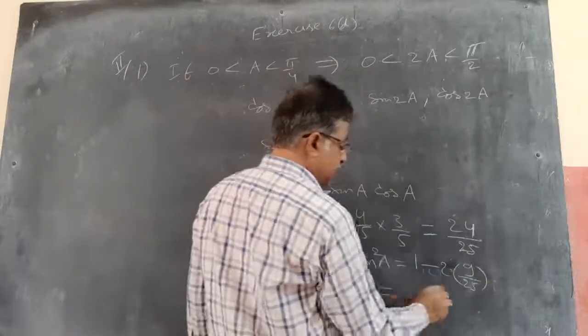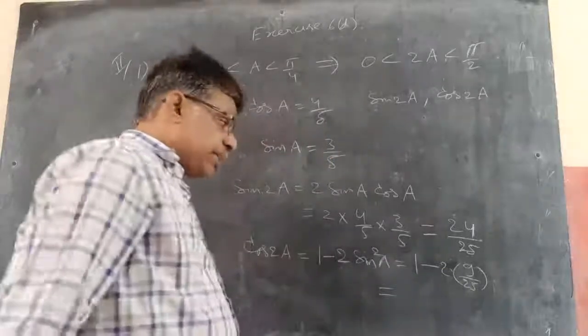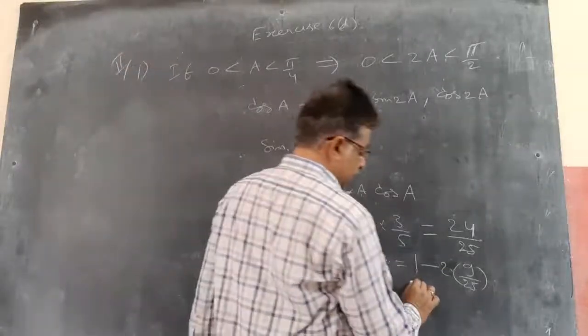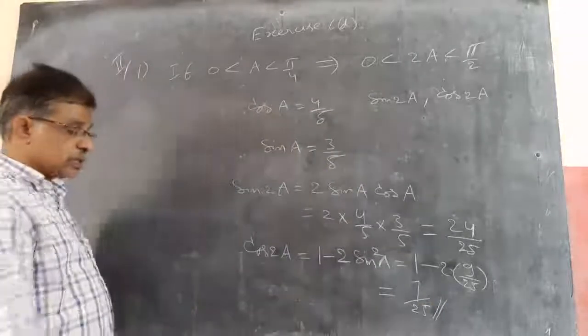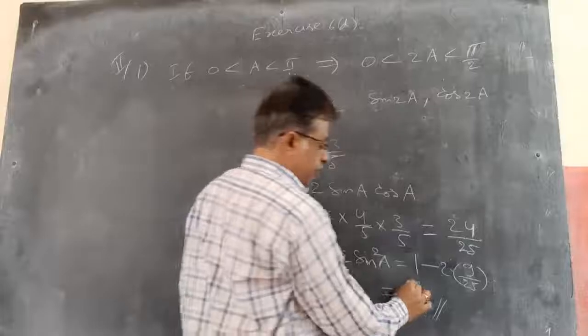So if I take LCM as 25, 25 minus 18, 7 by 25. So cos 2a equal to 7 by 25.